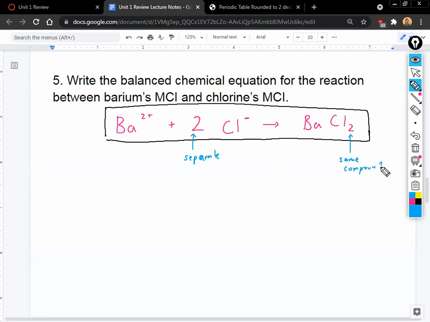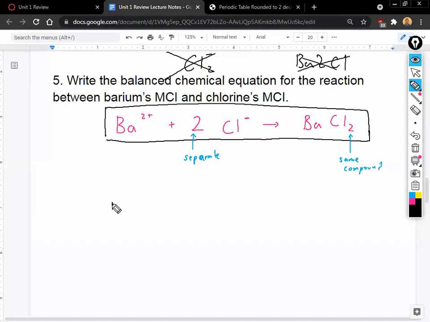And so on the left side, the chlorines were separated and then they combined to form a compound where there's 2 of them. So you can't do this. If you did Cl-2, this would be incorrect. And it would also be incorrect if you did Ba2Cl. That means that there's 2 bariums, not chlorine. So both of these would be incorrect. So make sure you guys are clear about where to put the numbers.